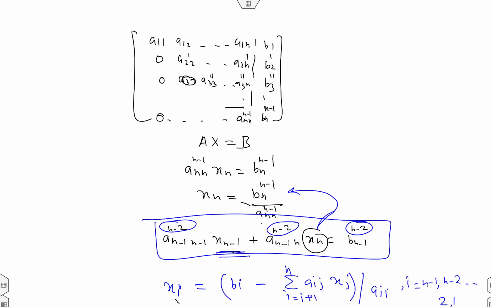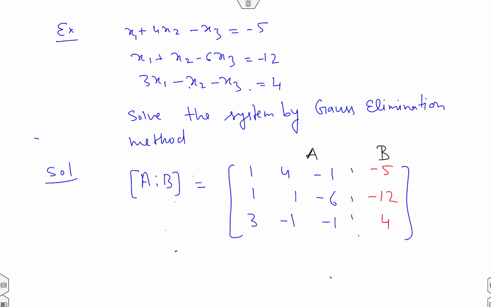So let us explain the method with the help of an example. Suppose the system is given to you. In order to compute the solution by Gauss elimination method, we will write the augmented matrix AB. A is the coefficient matrix of x, and B is the right hand side vector.